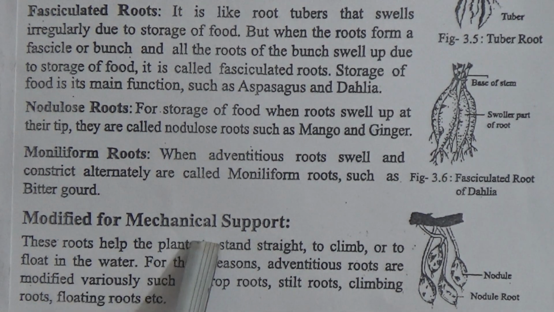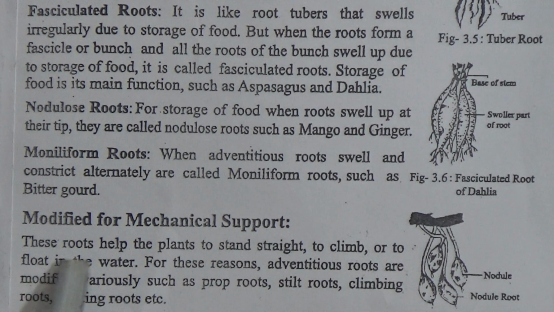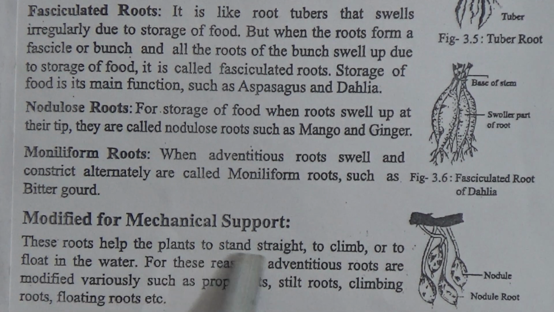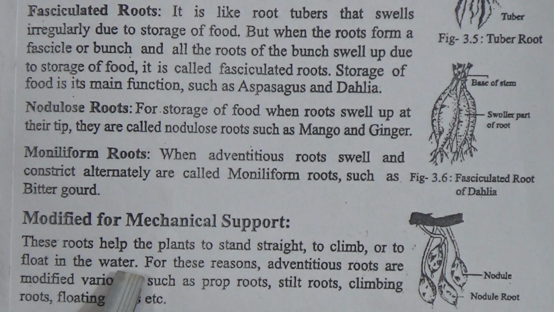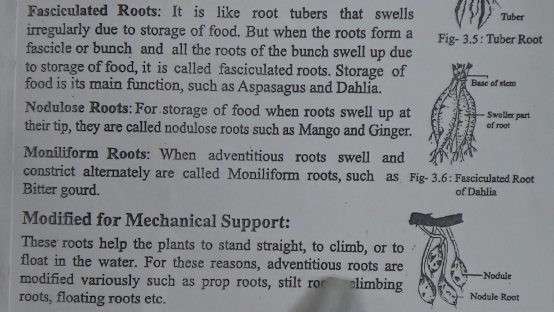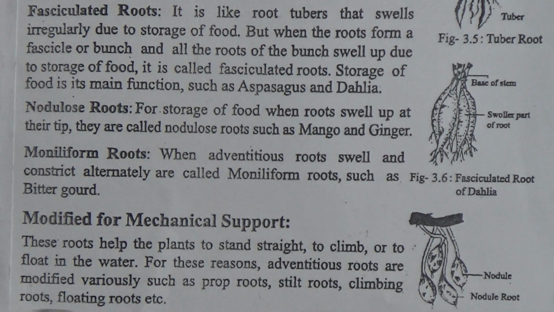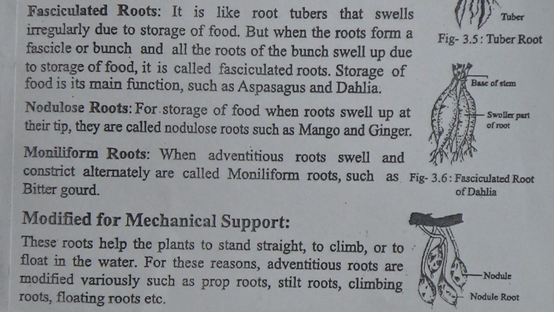Modified for mechanical support. These roots help the plants to stand straight, to climb or to float in the water. For these reasons, adventitious roots are modified variously such as prop root, stilt roots, climbing roots, floating roots, etc. Here is prop roots.